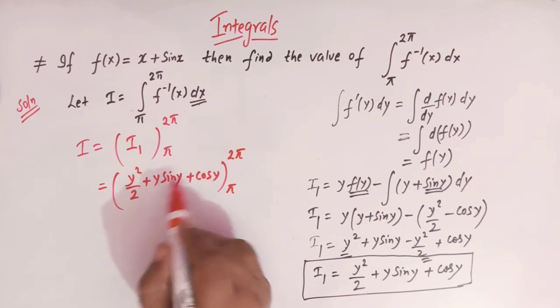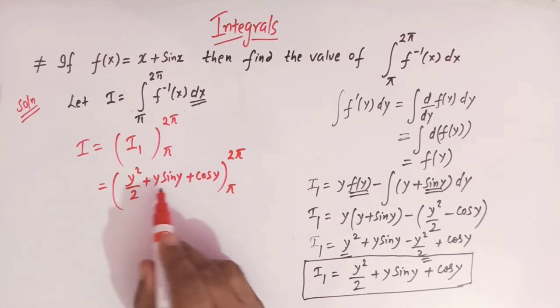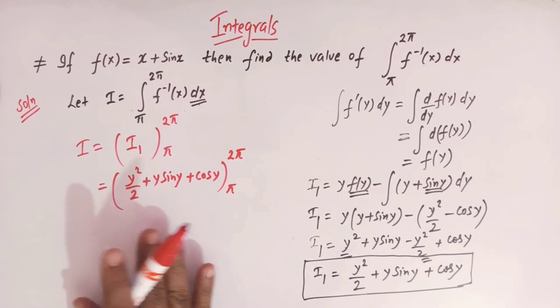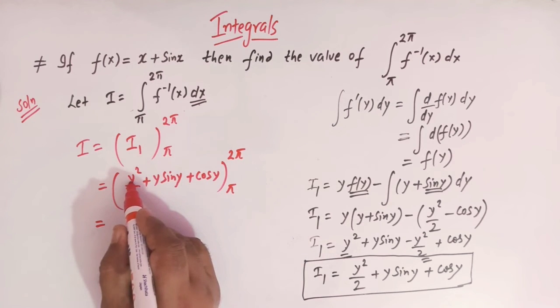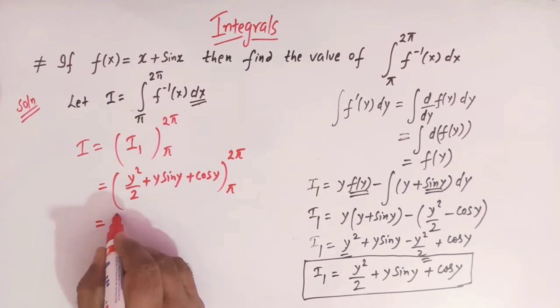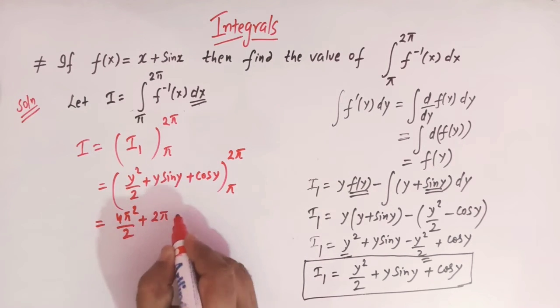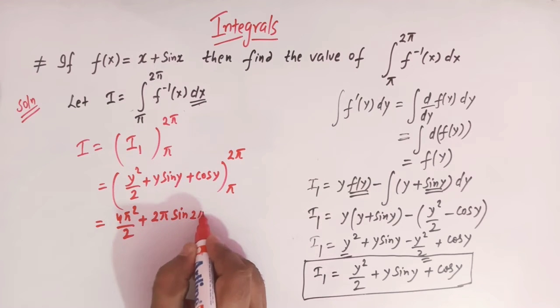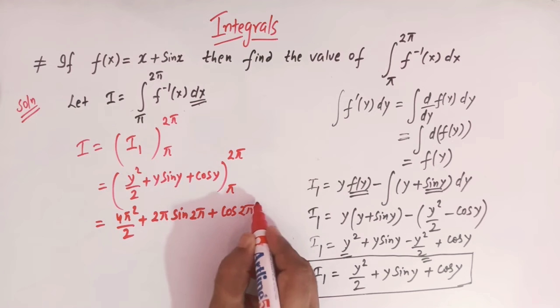So now first we'll take y is equal to 2 pi, and then we'll take pi, and then we'll take the difference, right? So here we have y is equal to 2 pi, so 2 pi square is 4 pi square over 2, and here we have 2 pi sine 2 pi plus cos of 2 pi, right?